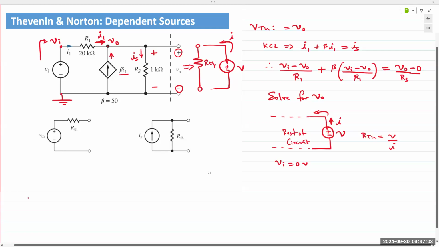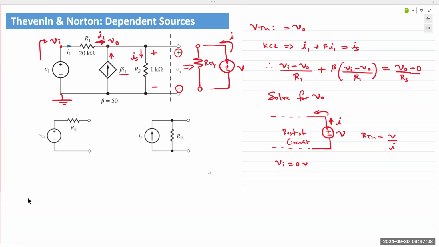So then we would avoid choosing minus at the top because it doesn't make logical sense. So you make any assumptions, but it does not mean that at the end your answer would be positive or negative. If you get a negative answer, all it means is that the polarity we chose is opposite of what we actually calculate. That's all it means. So I guess the answer to your question would be it's not important. You can assume anything you want. But at the end, of course, once you find your answer, you have to change the polarity.